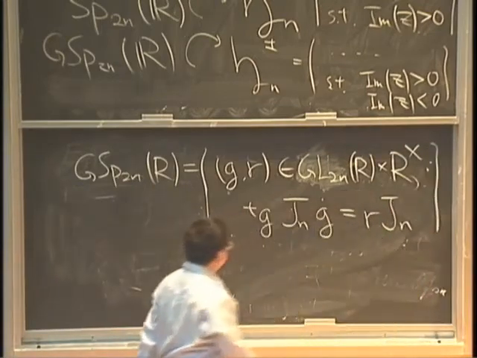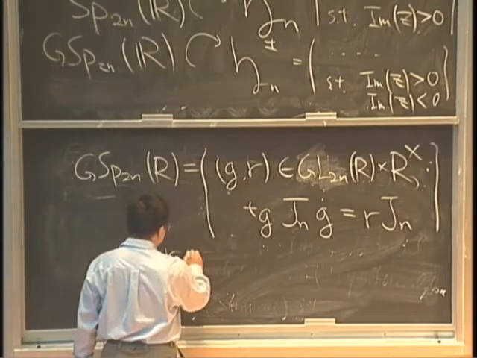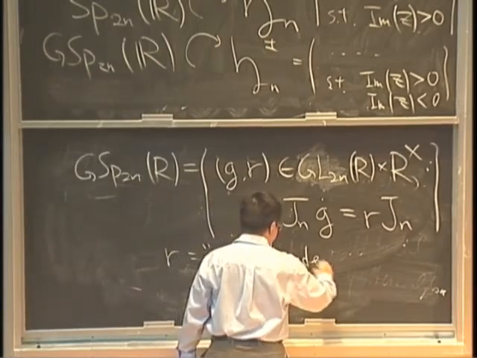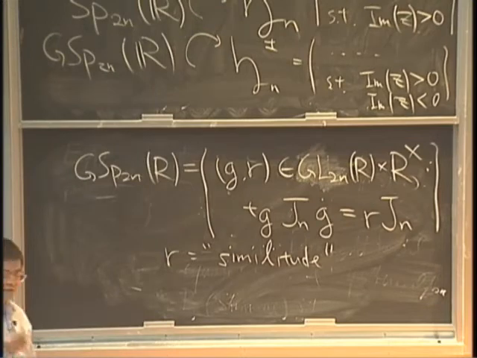So this is something preserving the pairing up to some number, and this r is usually called the similitude. So it's not really preserving the pairing exactly, but up to a scalar.